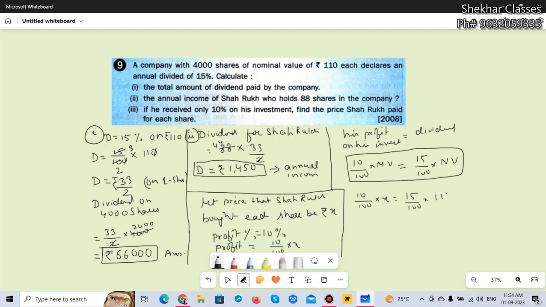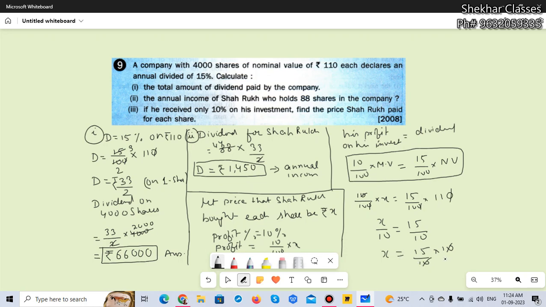So X upon 10 is equal to 15 by 10, and if we multiply by 10, it will get cancelled. So X is 15.